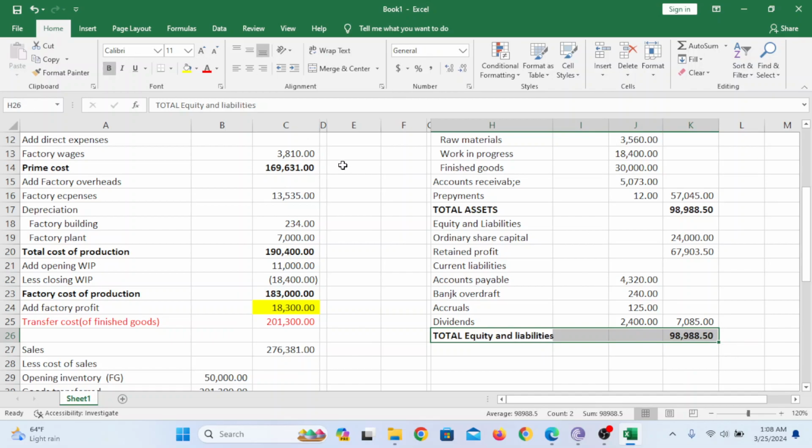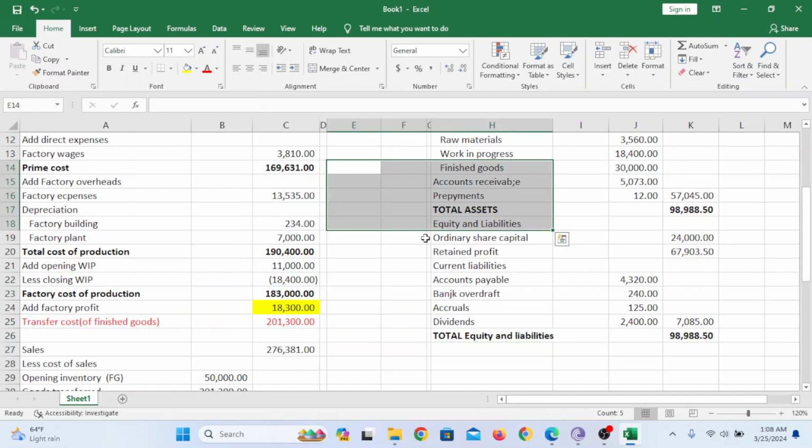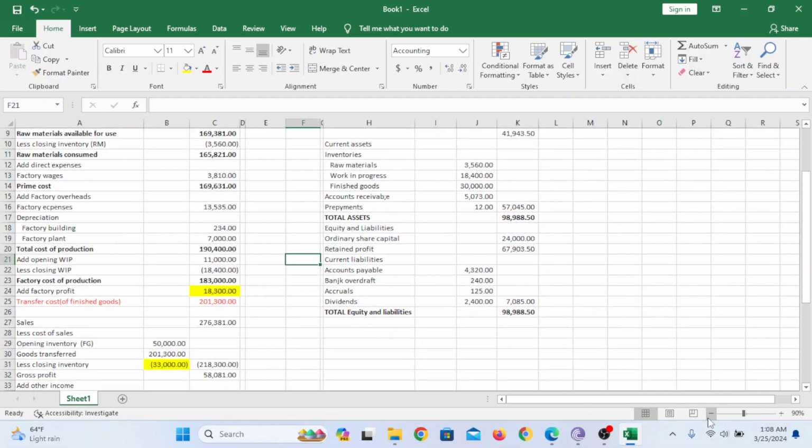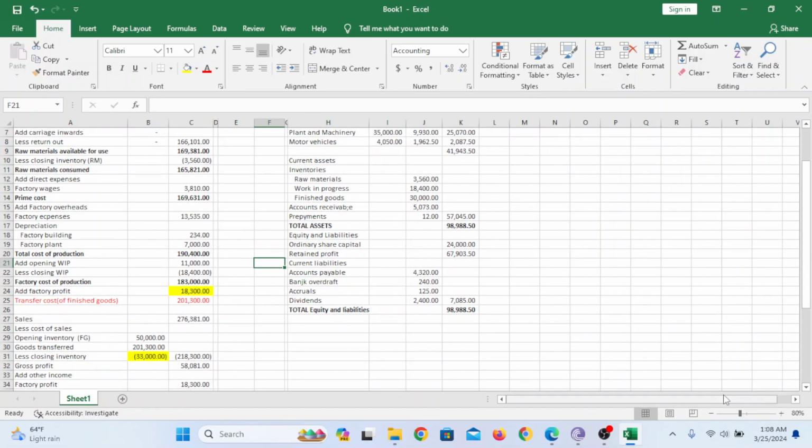So we have to be able to develop this. The main key thing is the effect. What are you supposed to prepare? How is each statement affected?